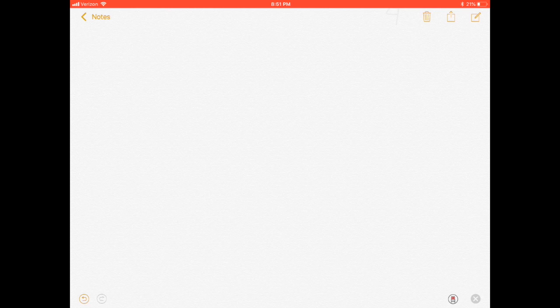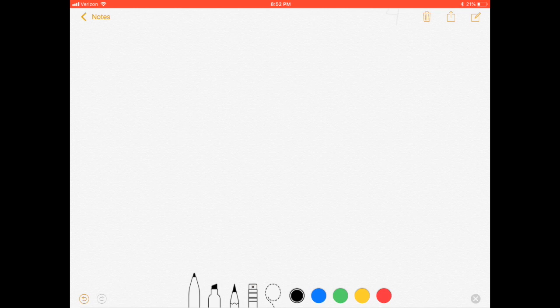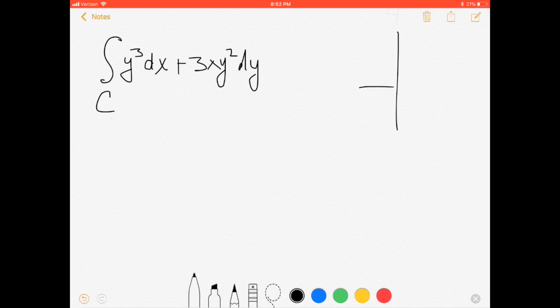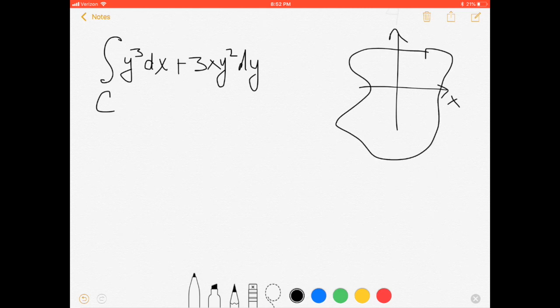Okay. One more example. Let's go. We have the integral over some curve C of y cubed dx plus 3xy squared dy, and for our region we know it will be some good enough curve, and it will be counterclockwise rotation.